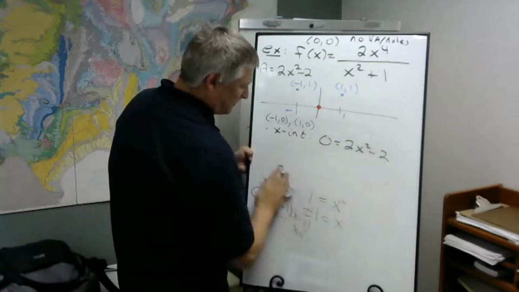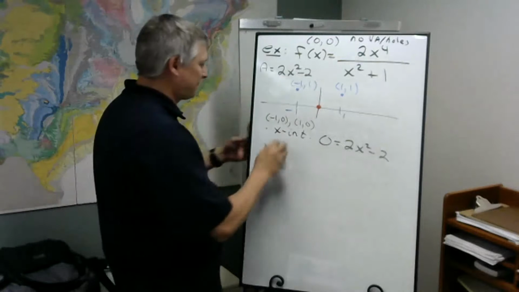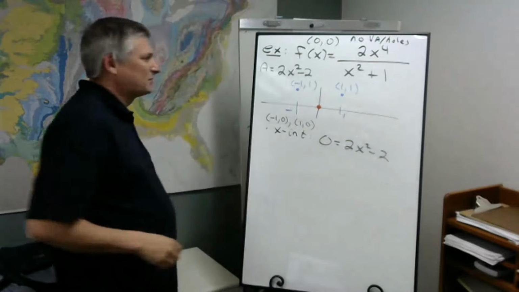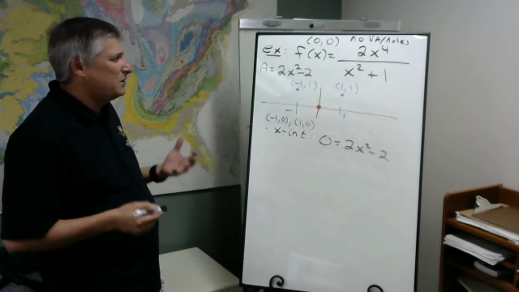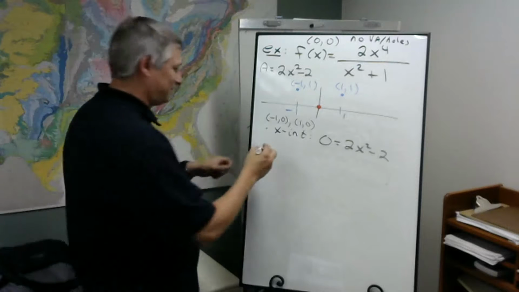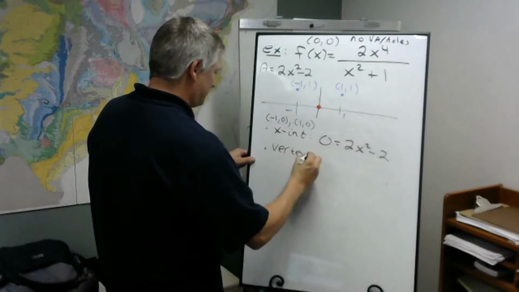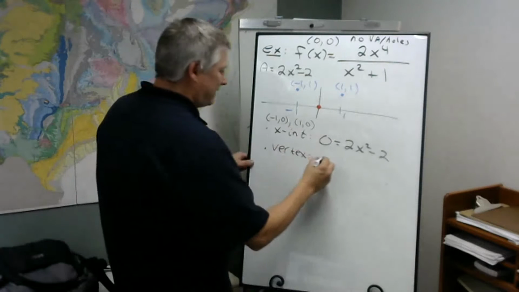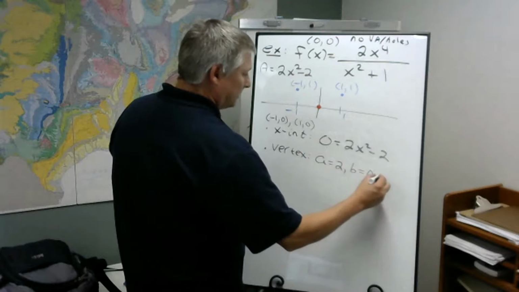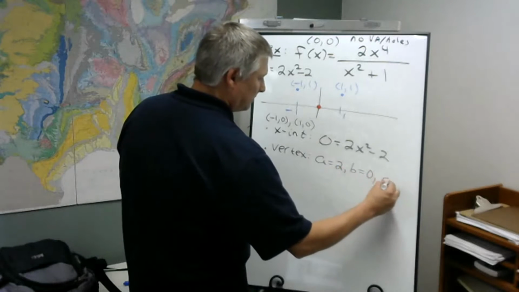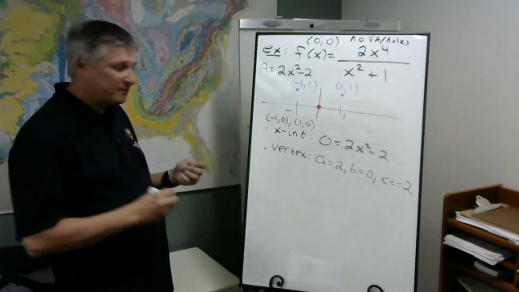And this is really a parabola, so a vertex would be really helpful. For this one, the vertex is going to be on the y-axis, so a y-intercept would pretty much give it to us, but we could do the vertex formula as well. Here we have A is 2, B is 0, and C is -2. So we need negative B over 2A.